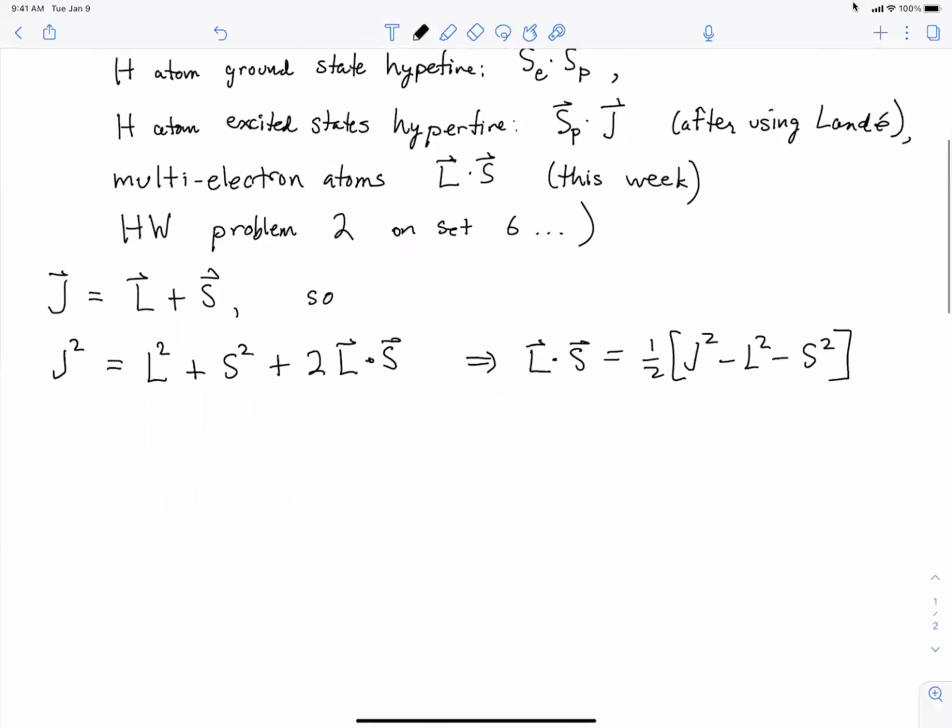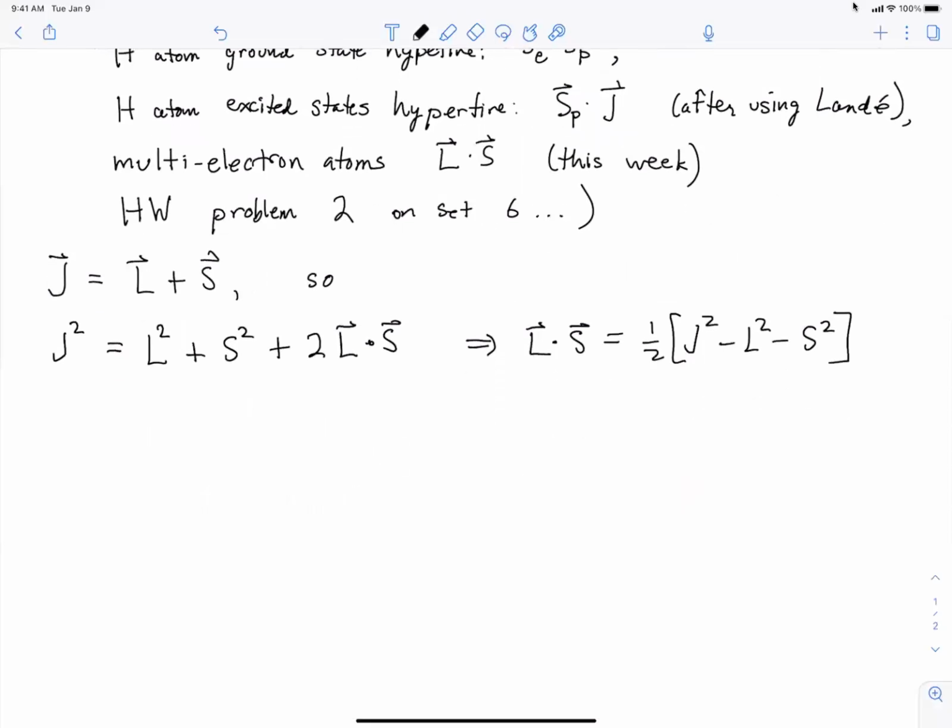Now, the thing that is going to make this work is that the operators J squared, L squared, and S squared have very nice commutation properties. In particular, they all commute with each other. When you see that, you should be thinking, aha, a complete set of commuting observables could include them. And in particular, they also commute with the radial coordinate.